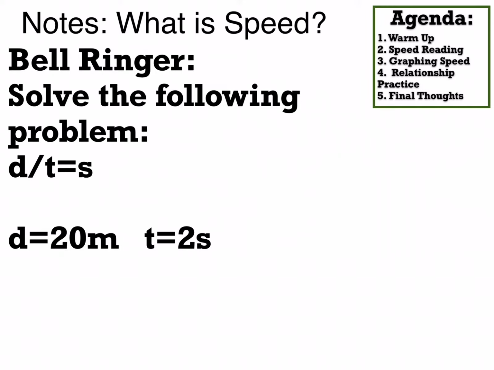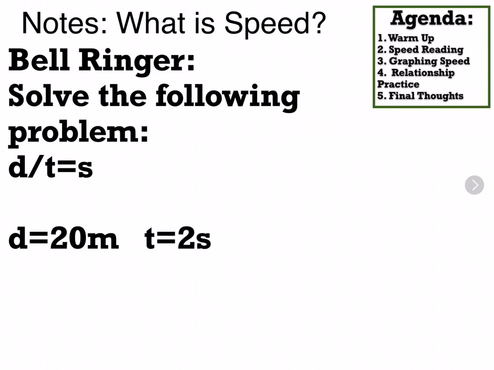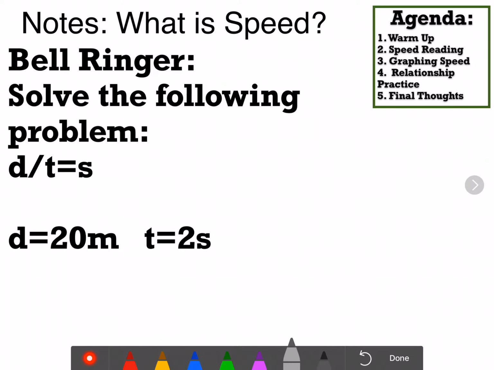Solve the problem. We have our equation here, which is distance divided by time is equal to speed. So we have our distance is equal to 20 meters here, and our time is equal to 2 seconds.